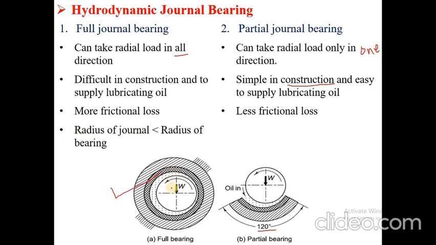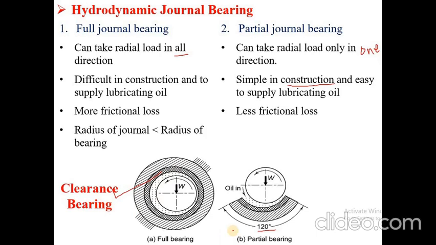So there is a difference between the radius of bearing and radius of shaft, and this difference is called a clearance. So there is some clearance between journal and the bush. So these bearings are called clearance bearing. Full bearing is also called clearance bearing.